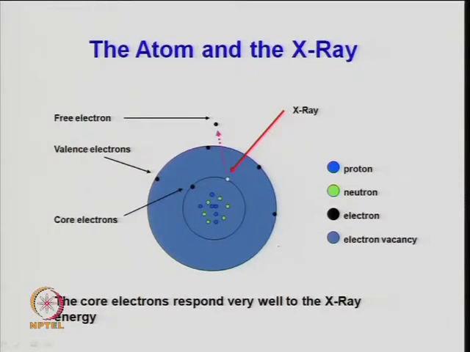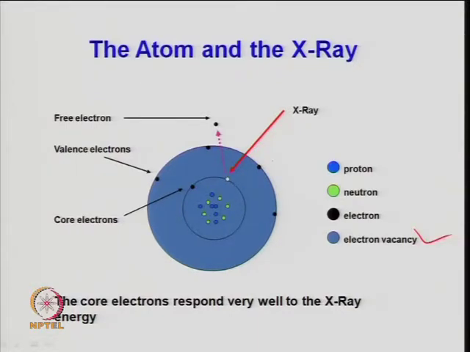Just to recall, every atom has protons, neutrons and then electrons, right. This is what I am talking about, the core electron, because it is closer to the nucleus, right. The energy beam strikes this electron, so we are looking at the reflection of this electron. This is the source of energy, X-ray, and it strikes here and leaves a free electron, right.